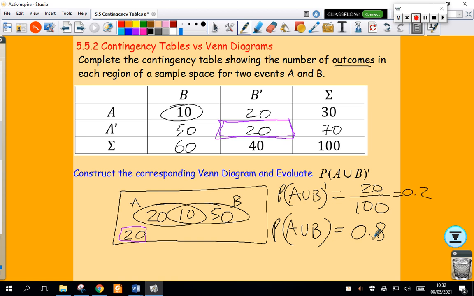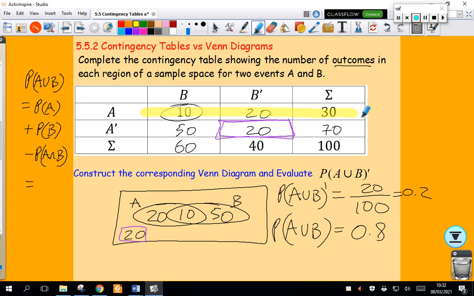I could also use my addition rule for probability. My addition rule says the probability of A union B is always the probability of A added to the probability of B, subtract the probability of A intersection B. So in other words, we count everything in A. Everything in A. And then we count everything in B. But then we have to be careful because we've got to remove that double count in there.